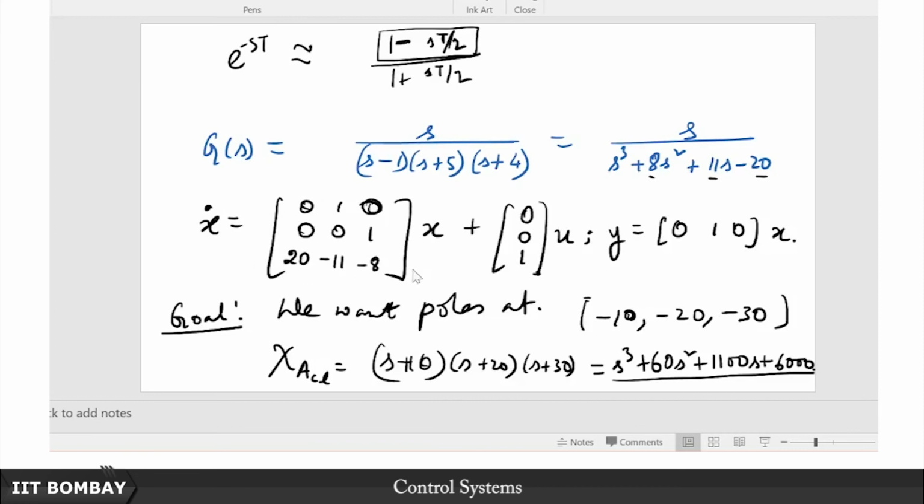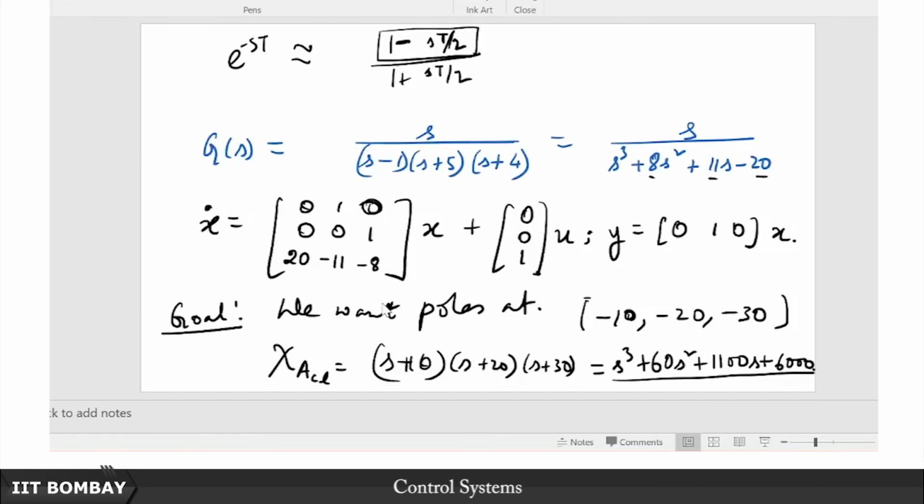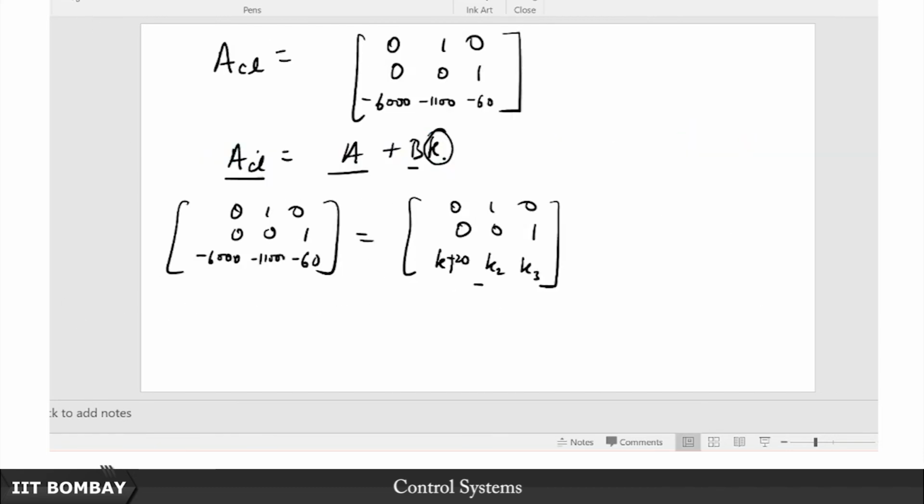I have 20 times K1, so B times K, so K1, K2, K3, plus 20, minus 11, minus 8.